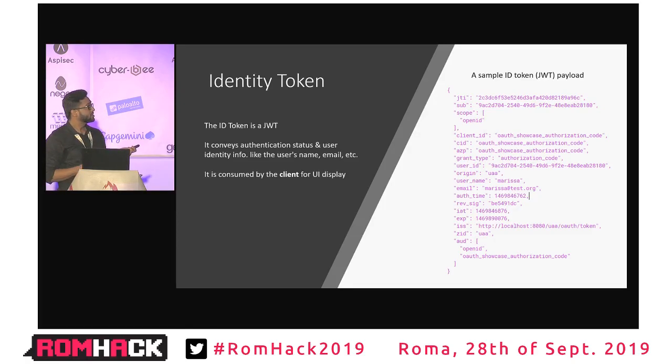And the information could be the user's name, email address, profile information, etc. And it is consumed by the client application for populating the UI. These tokens, by the way, are called JSON Web Tokens, and this portion of the JSON Web Token is the payload portion.